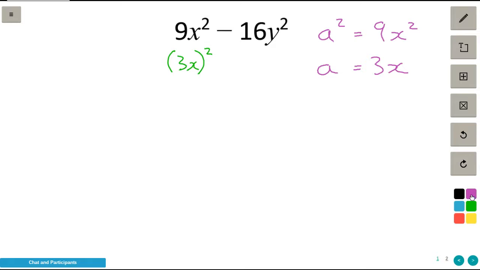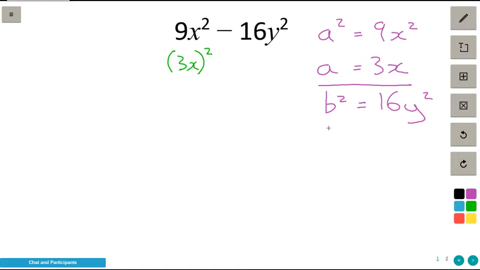Similarly, the 16y squared, I'm going to call that b squared for a moment. I'm saying b squared is the same thing as 16y squared.